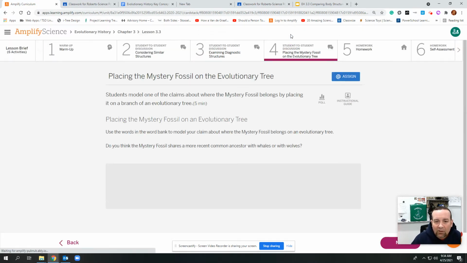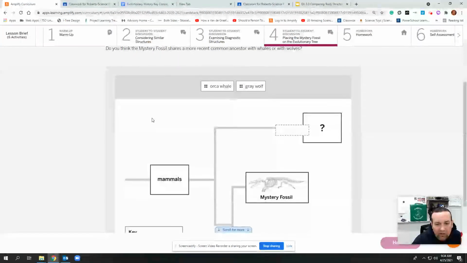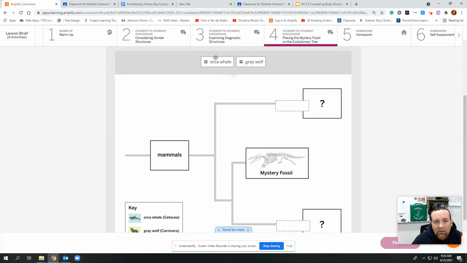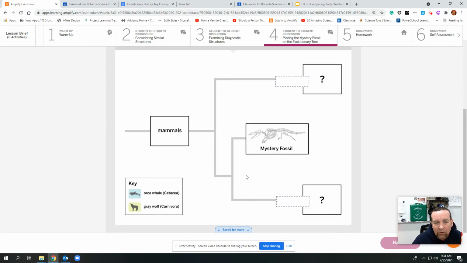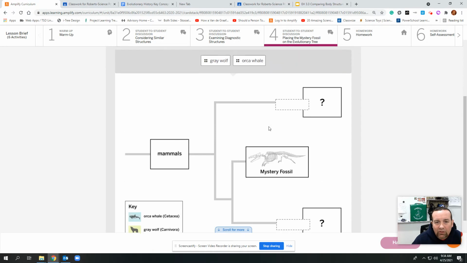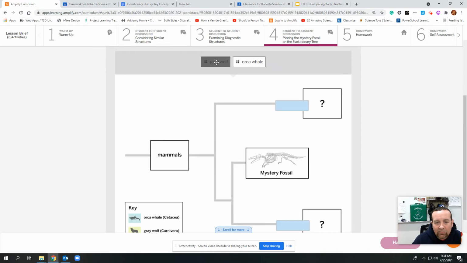So now we are going to place our fossil where we think it goes. So you're going to drag the orca and the gray wolf down to its appropriate spot. If you think it's more of a gray wolf, you would drag the gray wolf down here because it would be closer on the tree. If you think it's more of an orca, you would put the orca there.